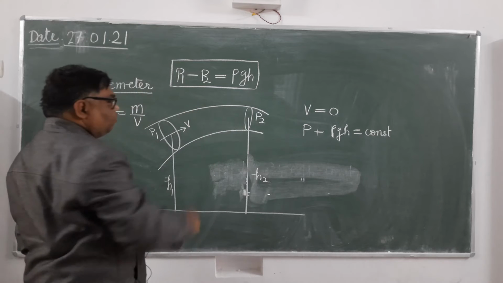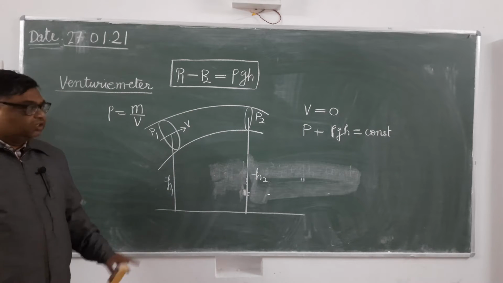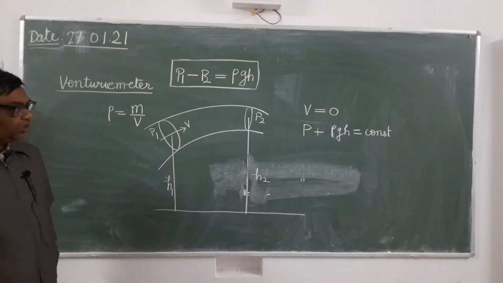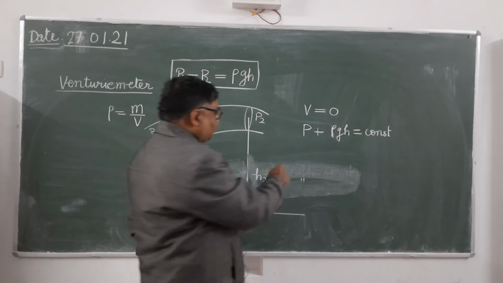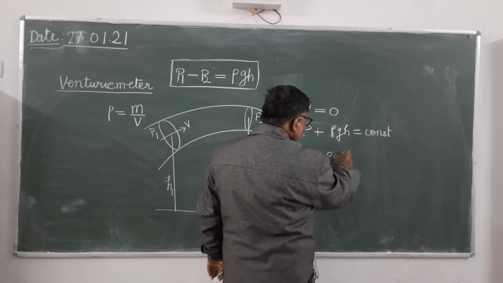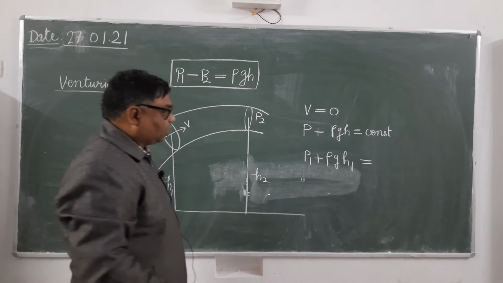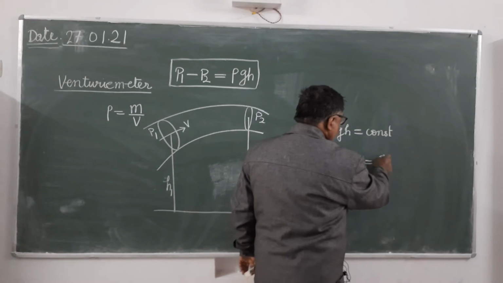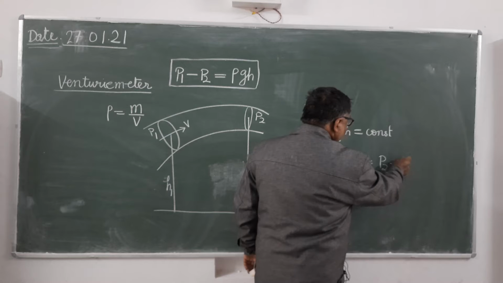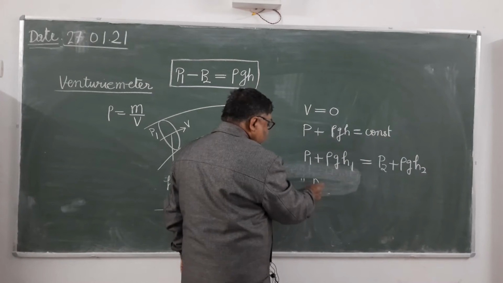Now, here we will use Bernoulli's theorem when the liquid is at rest. So, at this cross section what will be the total energy? P1 plus rho GH1. Here at this cross section what will be the total energy? It will be P2 plus rho GH2. So, what is P1 minus P2?